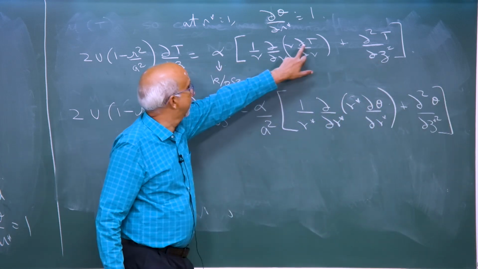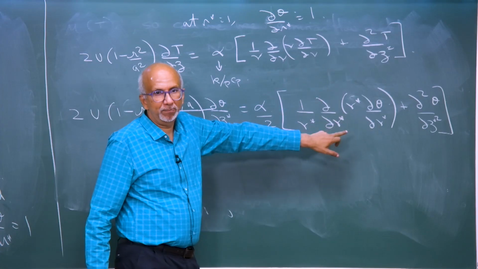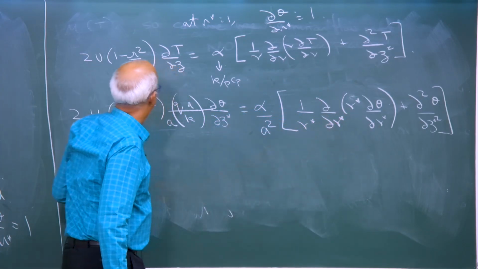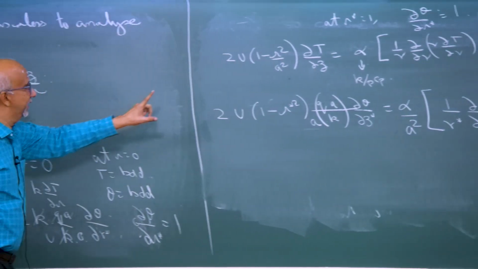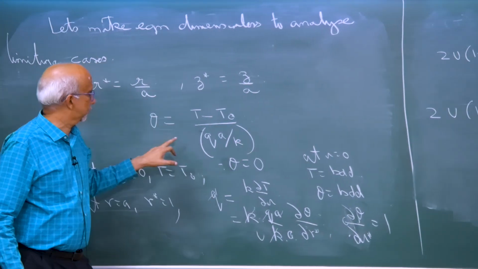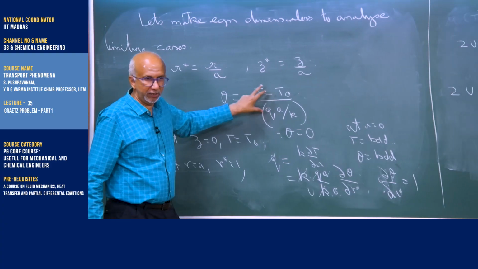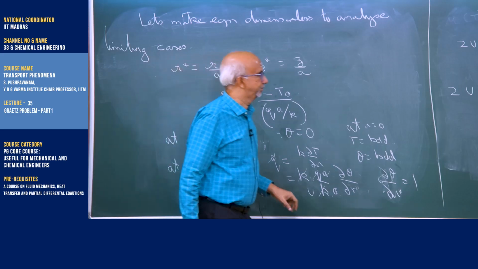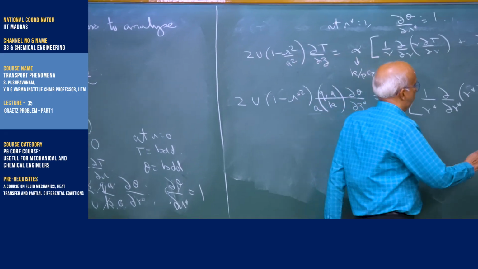Since I have converted T to theta, I will again get a q a by k. It is the derivative of T, so T naught does not contribute. So when I differentiate on both sides, I will get a q a by k here.